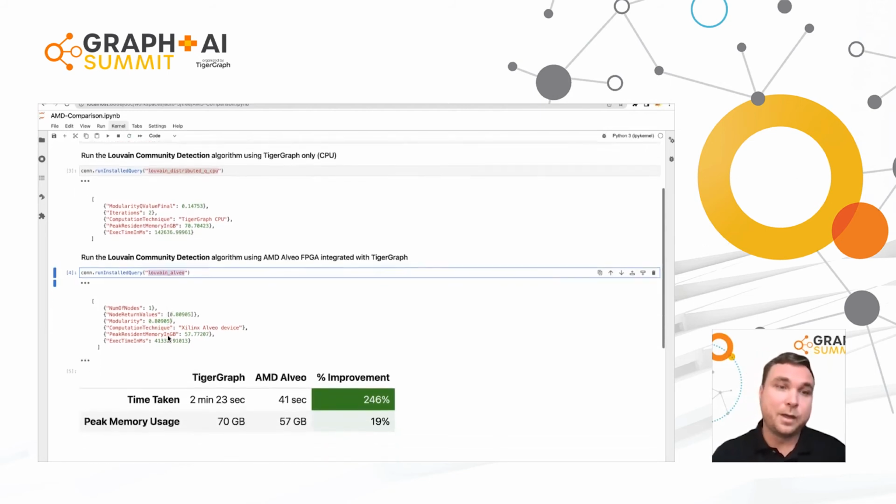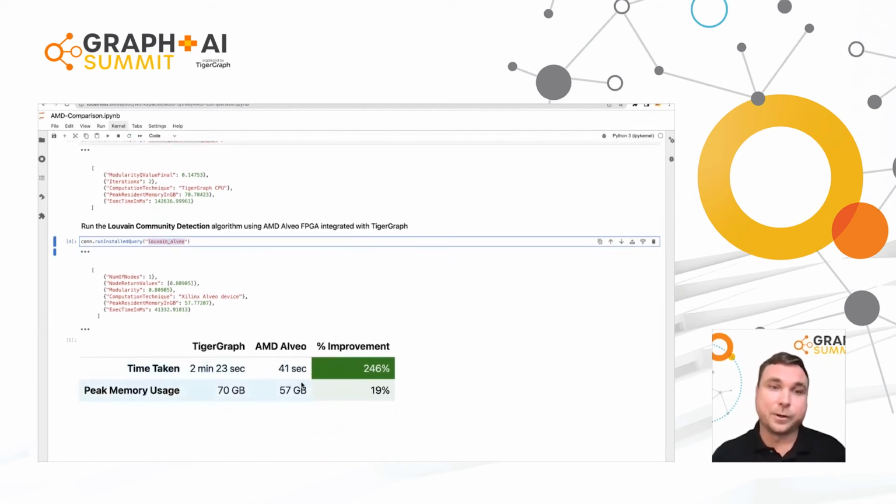If we look at the comparison here, pure TigerGraph with CPU took around 2 minutes and 23 seconds, whereas using the FPGA card from AMD, it took only 41 seconds, which is an improvement of almost 250%.